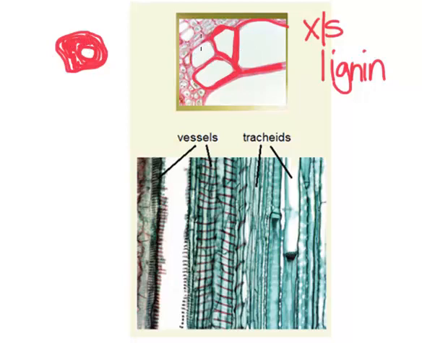Now, in the case of xylem, although the cell wall is very, very thick with lignin, it leaves a large open cavity, which remember we called a lumen, which means the open cavity inside the cell, and it leaves these lumen open.